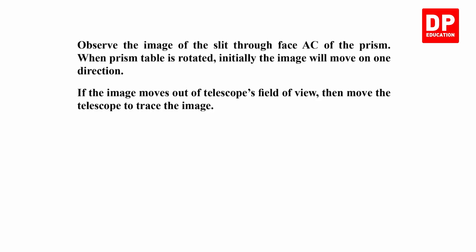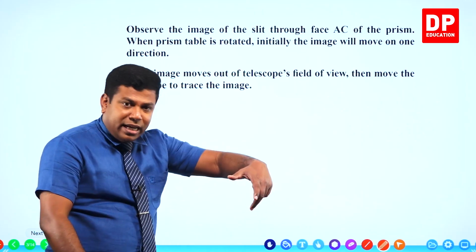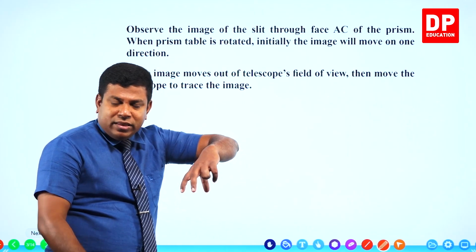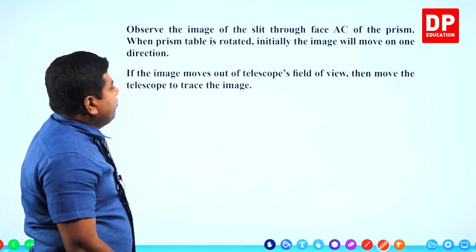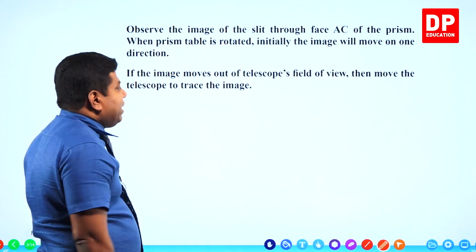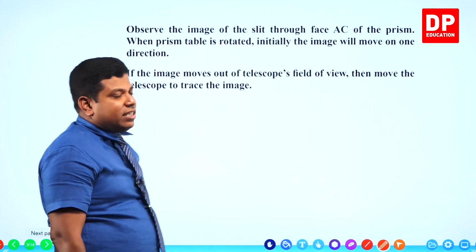Observe the image of the slit through the face AC of the prism. When the prism table is rotated, initially the image will move in one direction. To be precise, it will move to my right side. If I am rotating the table clockwise, the image should move anti-clockwise. If the image moves out of the telescope's field of view, then move the telescope to trace the image.